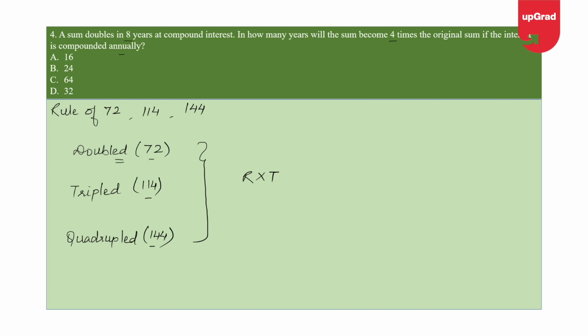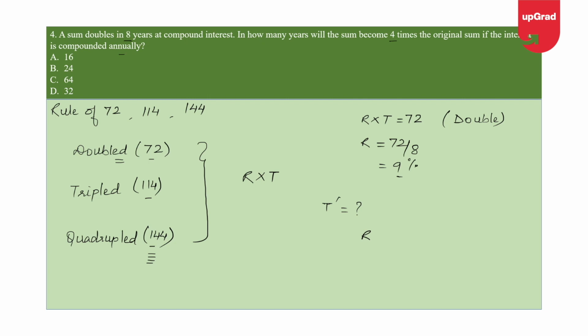So the sum is getting doubled in 8 years, which means if I put R multiplied by time is equal to 72, because this is a case of double, and I know the value of time is 8, I can calculate rate of interest as 9%. Can you imagine? Without putting any formula of compound interest, I got the value of rate of interest, which is 9%. Now the question says in how many years, that means we have to calculate time, will the sum become 4 times? 4 times means this quadruple thing will come into picture.